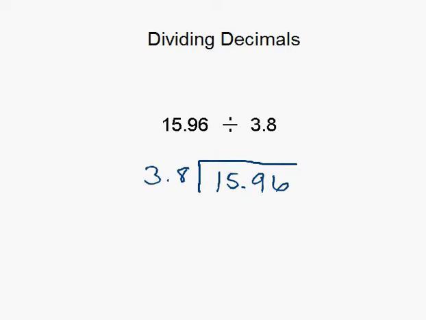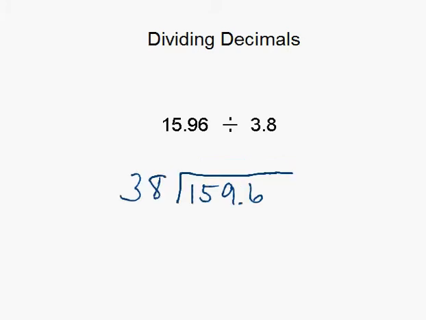So we're going to move it 1 place over. And moving this decimal point 1 place over will bring it all the way over to the right. But that means we have to move the decimal point 1 place over on the inside as well. Because what you do on the outside, you must do on the inside, okay?